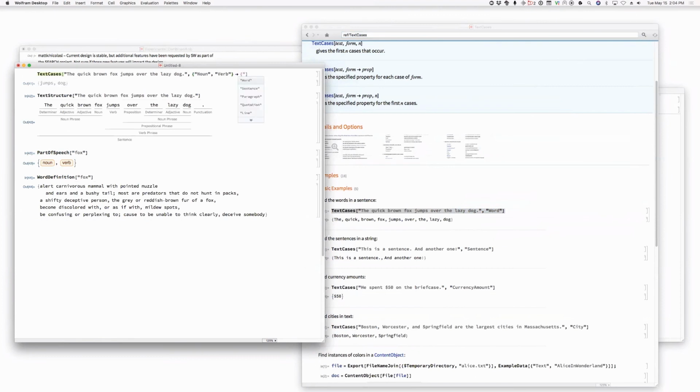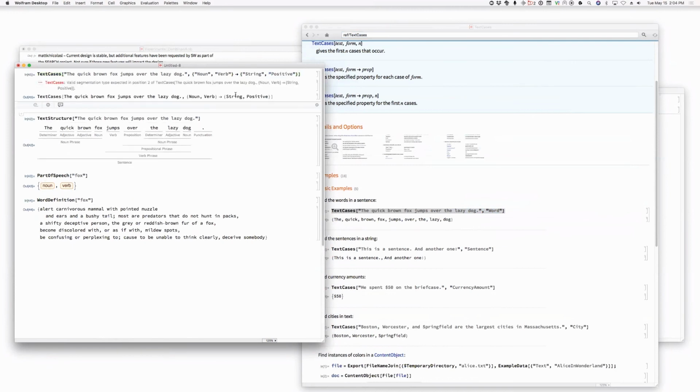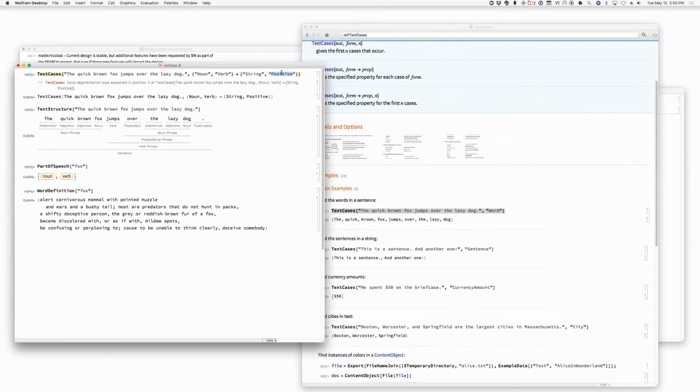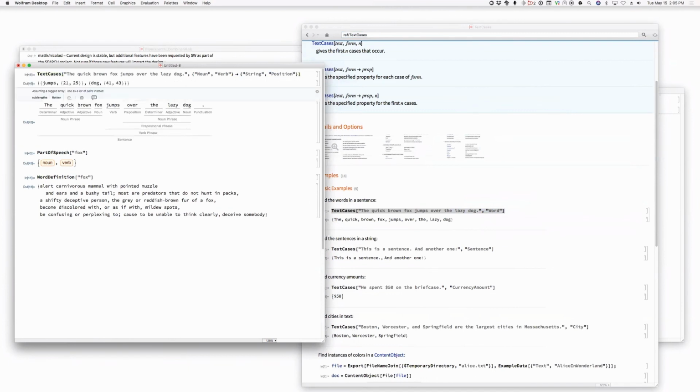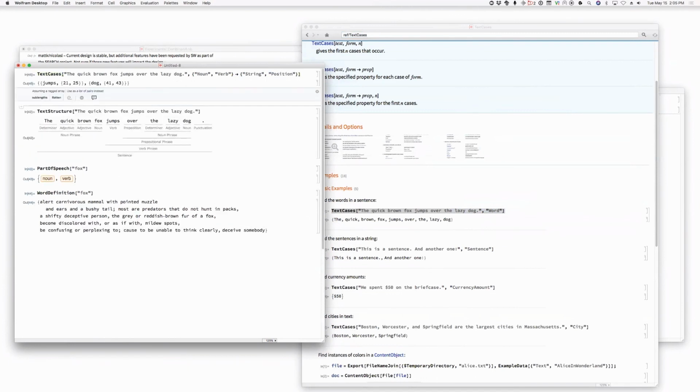Yeah, for example, string, and comma position, for example. Why is it giving me those weird autocompletes? I think it completes for the form and not for the property. Well, that's wrong. So that's another bug. I'm not sure it can do that. Well, it can do anything.